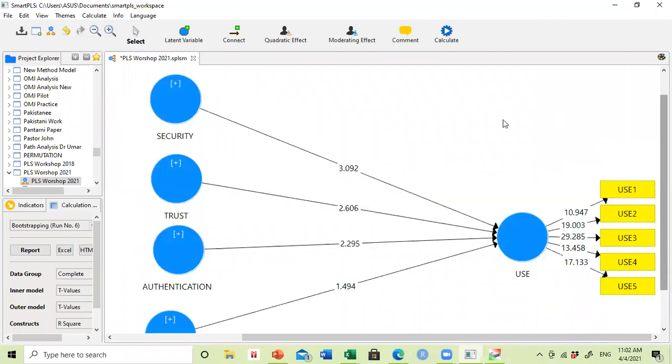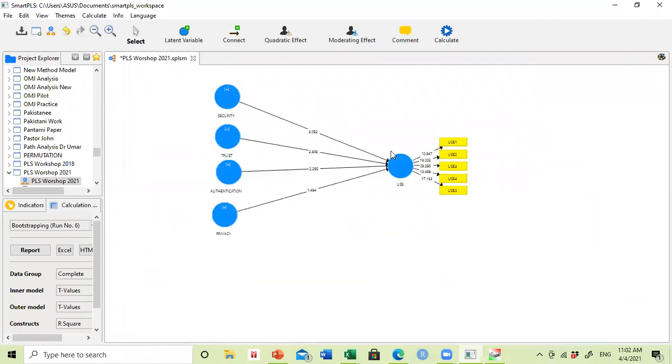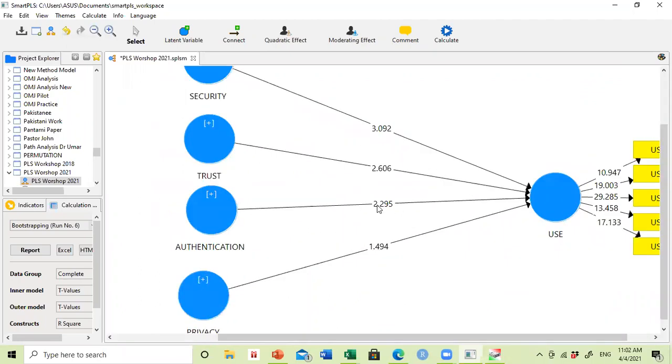All right. So up to this point, this is how you get the significance and weight. Part coefficient and significance of part coefficient. Now we talk about part coefficient, that is beta value. After we run bootstrapping, we get the t value, and we check whether our hypothesis is supported or not.